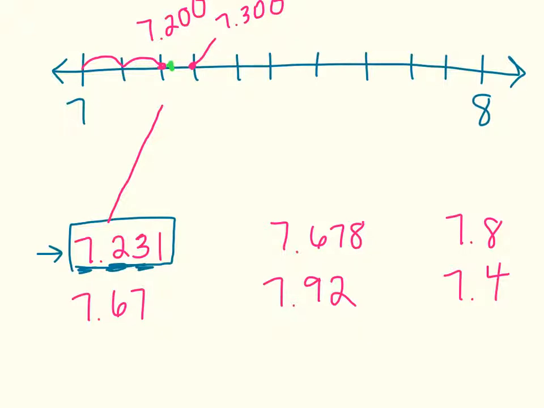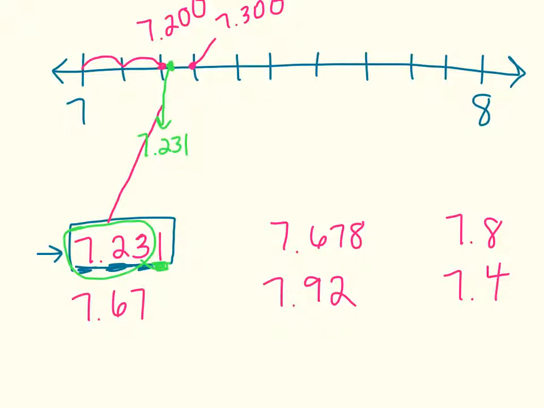And I want someone to know what my exact point is, so I'm going to draw an arrow and write that this is 7 and 231 thousandths. If you notice, I didn't really even talk about the thousandths place because, once again, if I use rounding, this is pretty much like having $7.23. If I were to look at the number behind the 3, 1 would not round the number up.